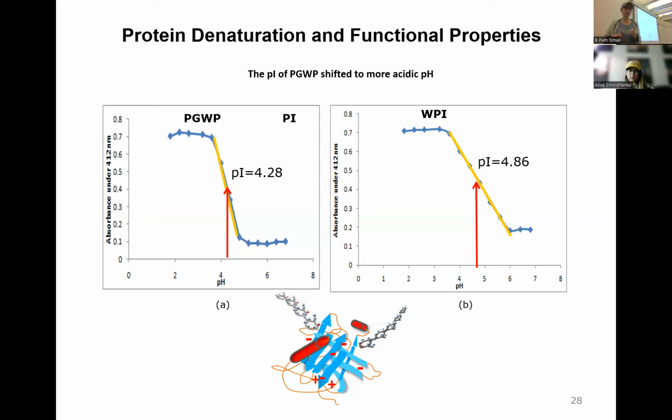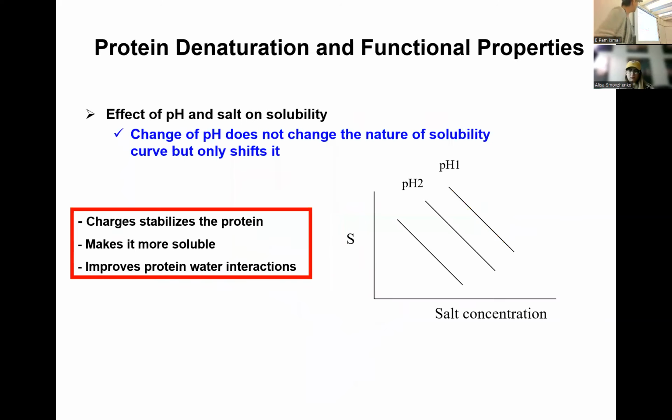So there's a charge effect, and there was a structural configuration effect. Sometimes you have pH-salt interaction. So the salt effect is also impacted by pH. Depending on the pH, the curve shifts. You have a shift in the solubility depending on salt concentration. So at a particular salt concentration, you have different solubilities at different pHs.